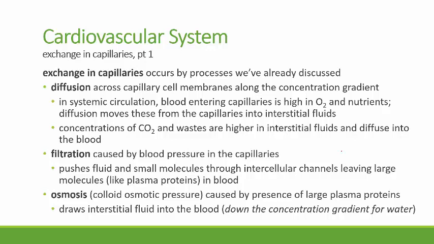So out there in the systemic circulation as well, around those capillaries, concentrations of carbon dioxide and of waste materials are going to be higher. And so those materials are going to diffuse from the tissue fluids into the blood. So diffusion moves materials from where they are in high concentration to where they are in lower concentration.